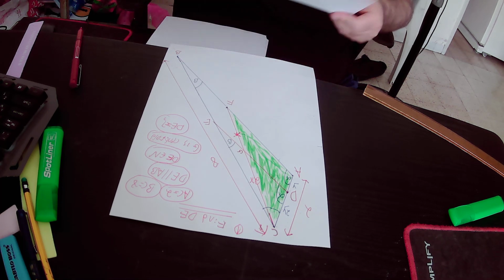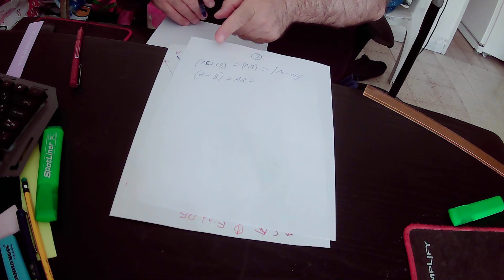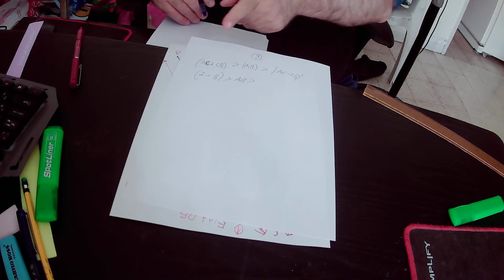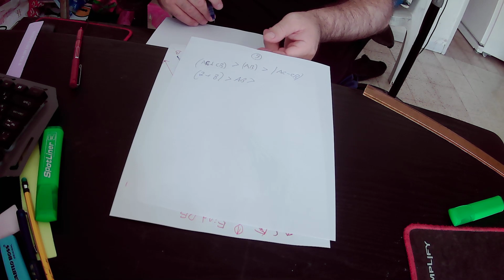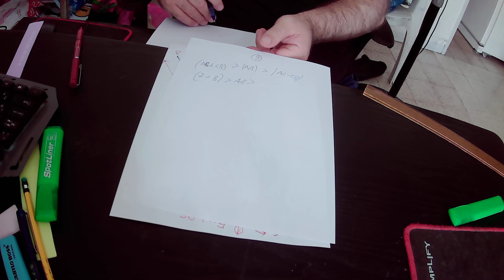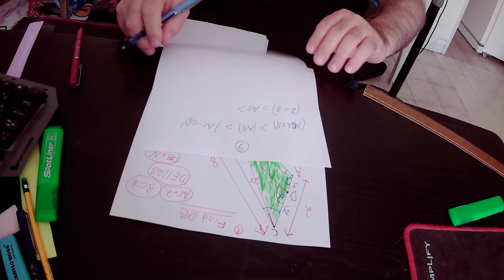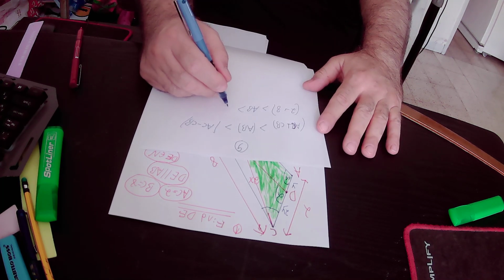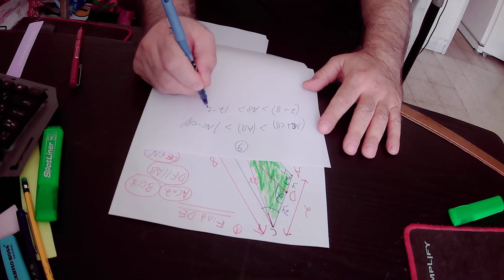So AB will be smaller than 2 plus 8 because AC equals 2 and BC equals 8 from one side, but from the other side AB will be greater than the absolute value of AC minus CB, that is 2 minus 8.